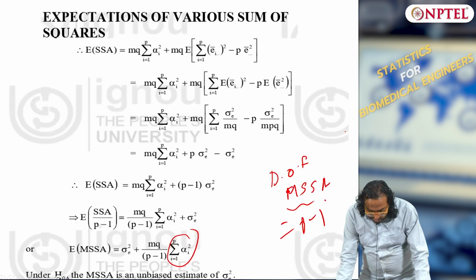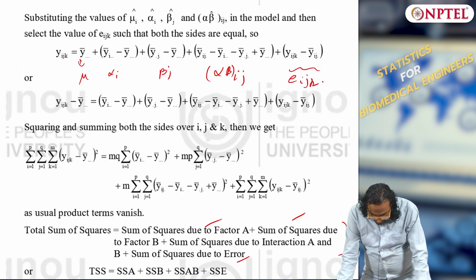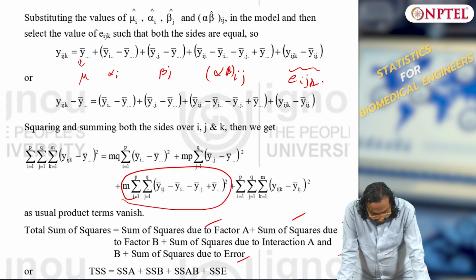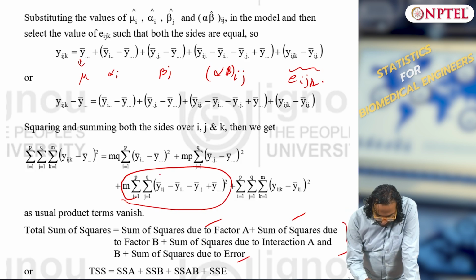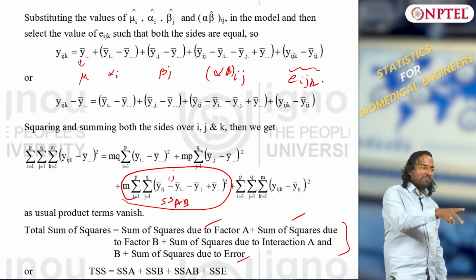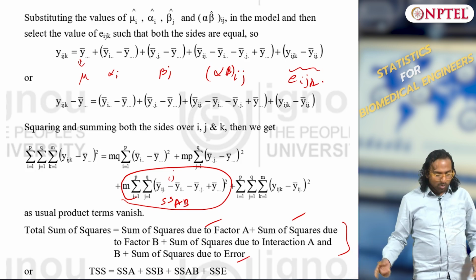This is what your estimate is, this is what your sum squared interaction is. So you have alpha beta ij bar. So this is actually your sum squared AB, but if you expand it will be simpler because there will be no interactions, that is why only alpha beta will be there, yi bar dot bar and y dot bar, so interactions will not be there.